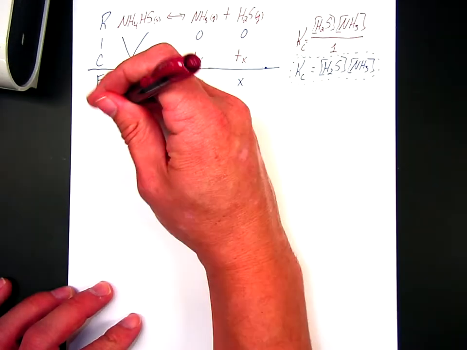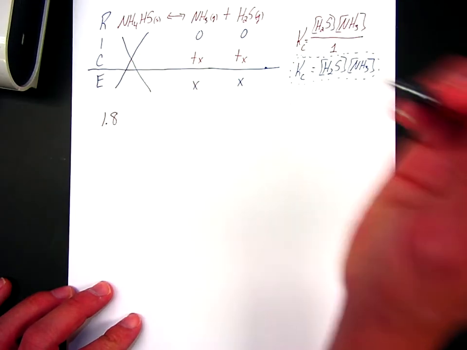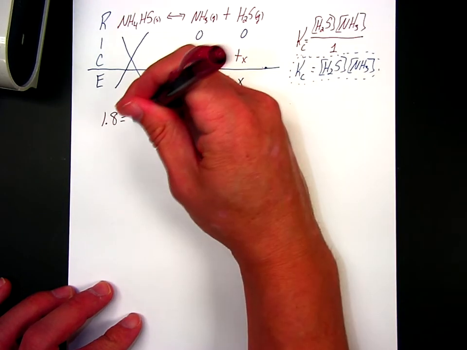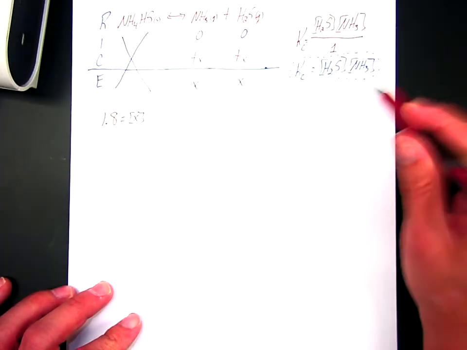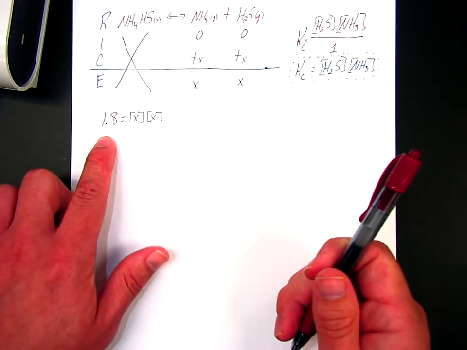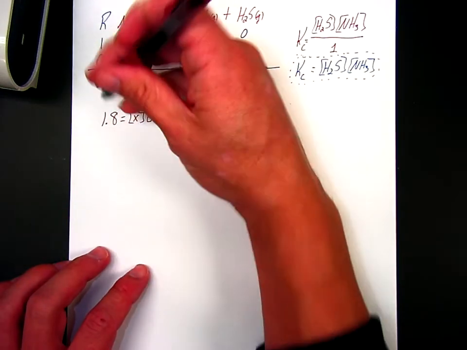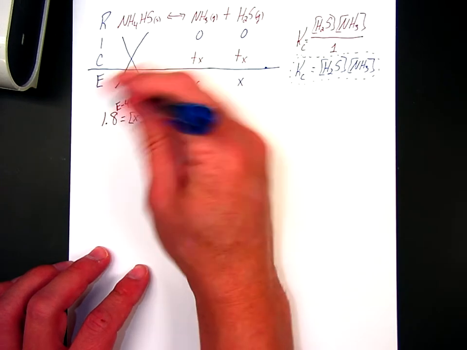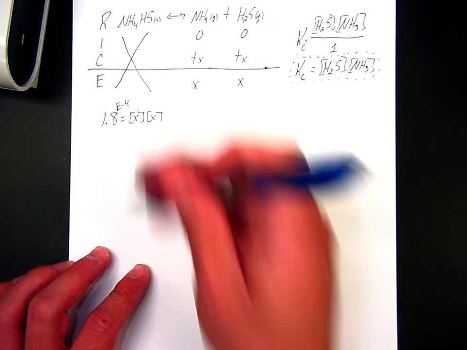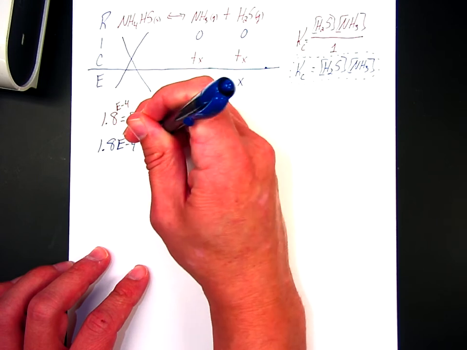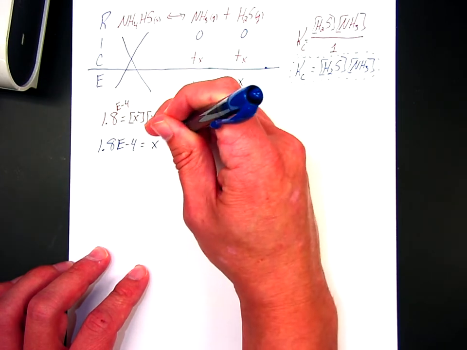The Kc is 1.8 E negative 4 equals the H2S is X, and the NH3 is X. It's okay, I'm about to simplify it. So if we simplify this, it ultimately is 1.8 E negative 4 equals X squared.